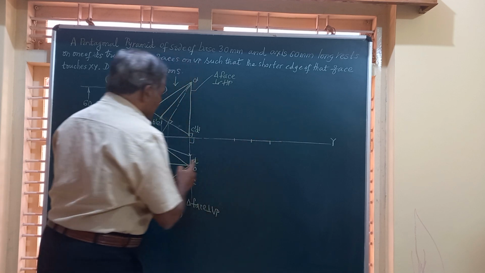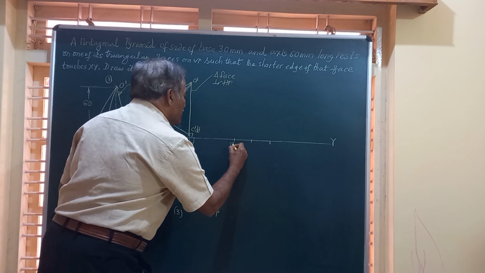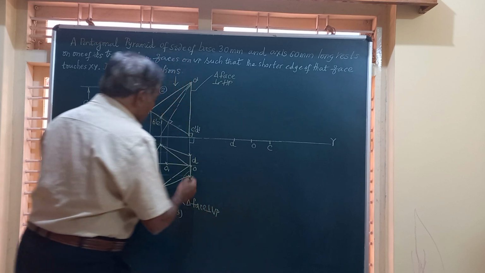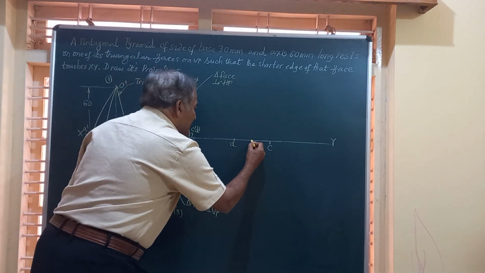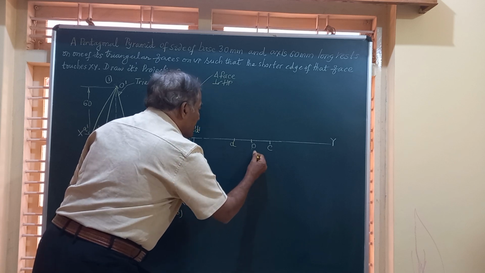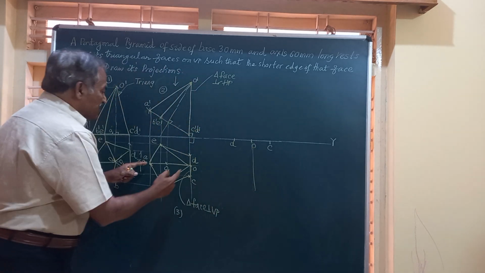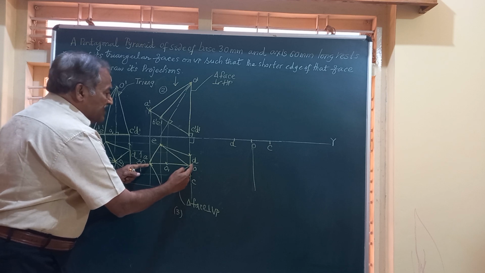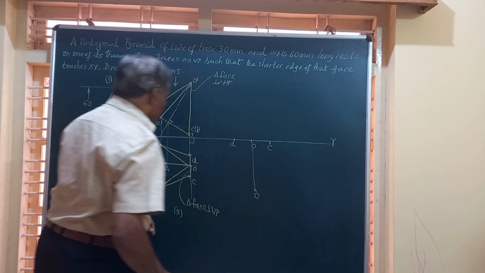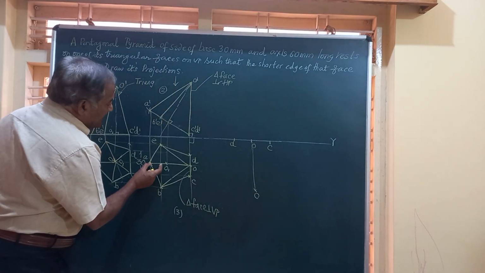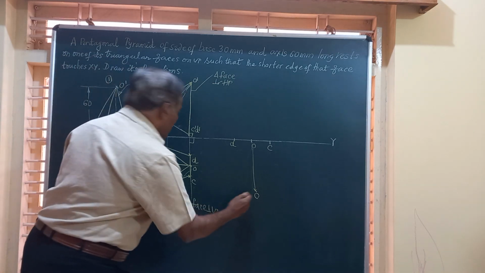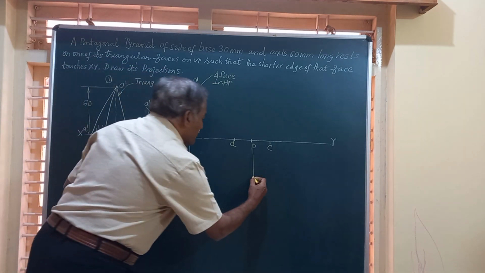So I will say this point is D, this is O, this point is C, DOC. From O, I am going to draw a vertical line downward, and on that line, I am going to mark A, because you know this distance O to A. Measure this and transfer that point to here. So this is your A. Then I should get, at this distance from A, E and B. So you will take this distance and mark here.